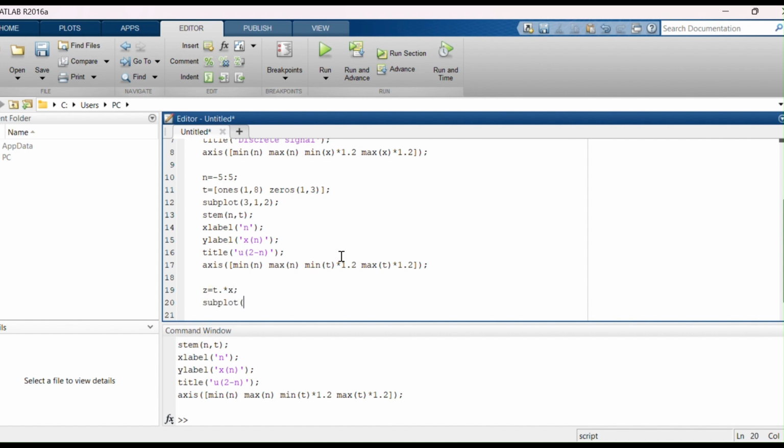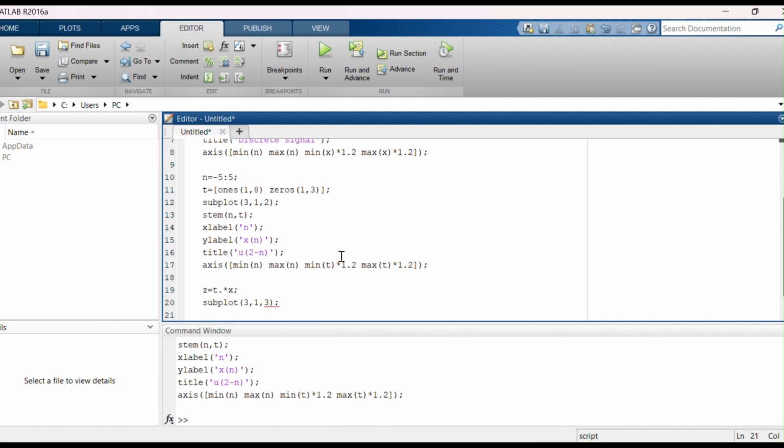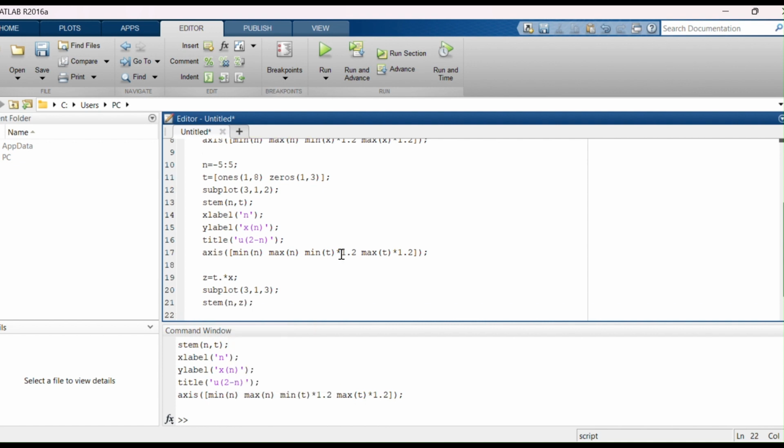Subplot 3, 1, 3, which is 3 rows, 1 column, and the third index. Stem n, z. The title would be x of n times u of 2 minus n.